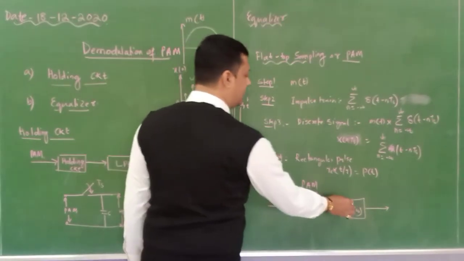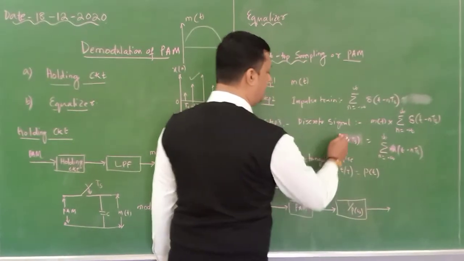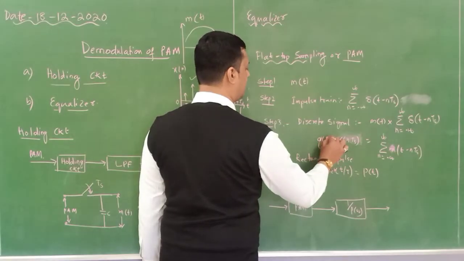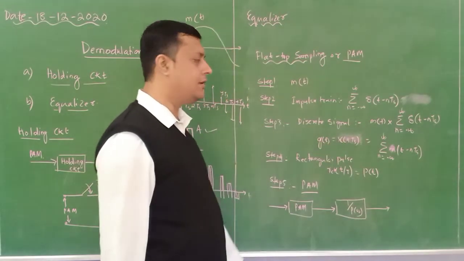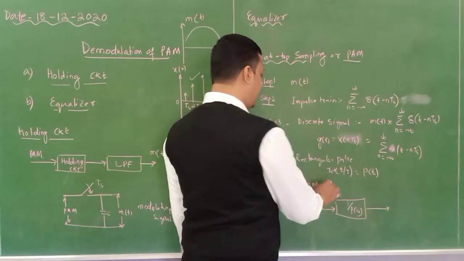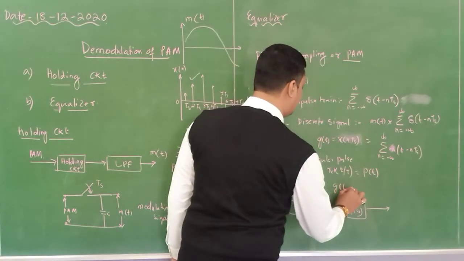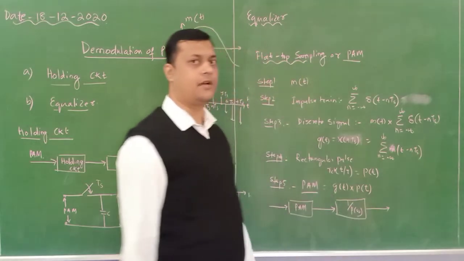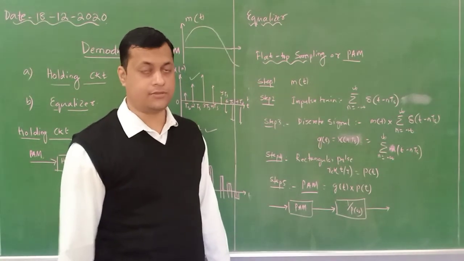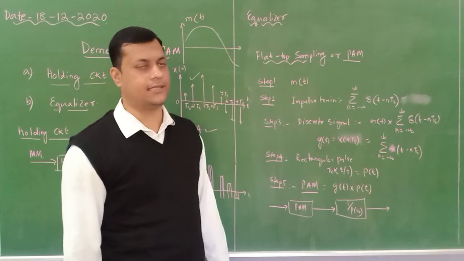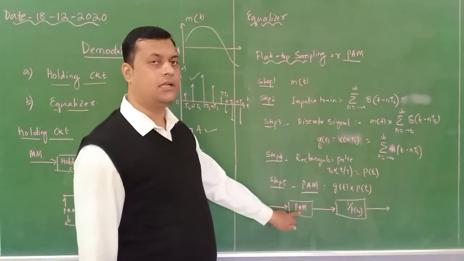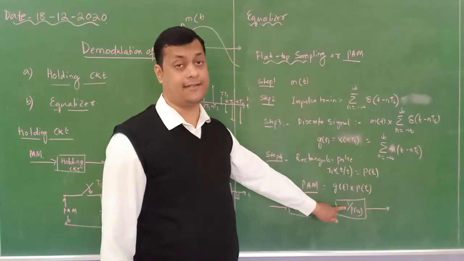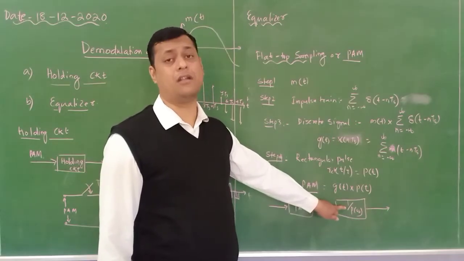Now here, when I convolve these two, let us consider this is our g of t that we have got. The PAM signal is g of t into P of t. I need to remove that pulse so that the original signal can be recovered easily. Equalizer means it will equalize your signal. It will remove the rectangular function.